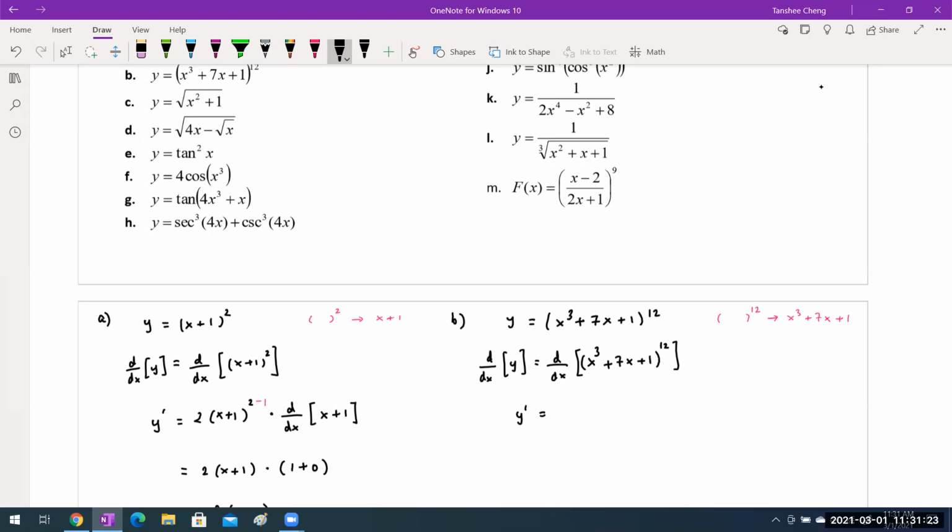So when we take the derivative of the power function, you bring down the number 12, right? And then minus 1 to the power. And remember the inside of that power function will be what? The inner function, which is x to the third plus 7x plus 1. And then times the derivative of the inner function.